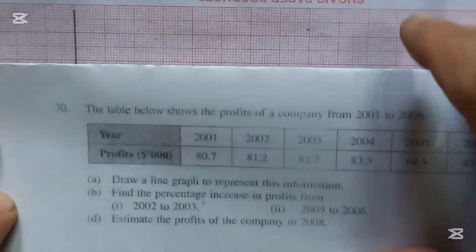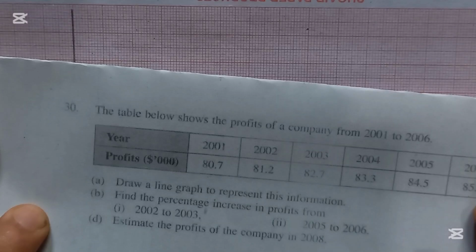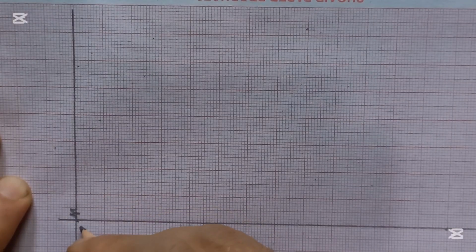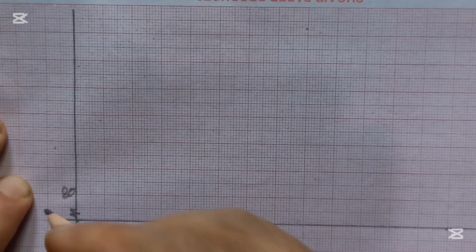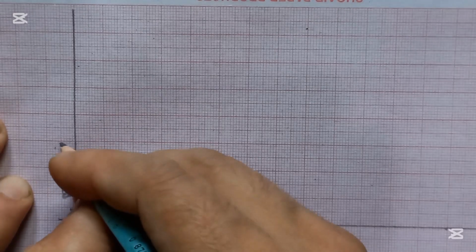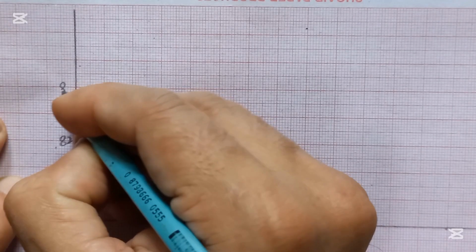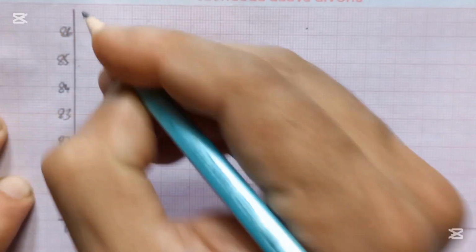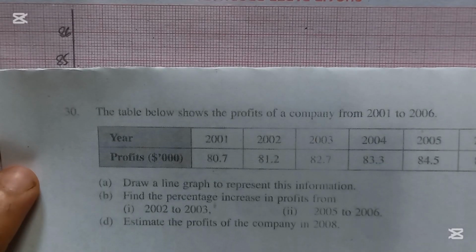We have to draw a zigzag line, because for profits, we are starting values from 80. Here is 0. So this is 80, 81, 82, 83, 84, 85, 86. So up to 86 we have drawn values, and 2001 to 2006.